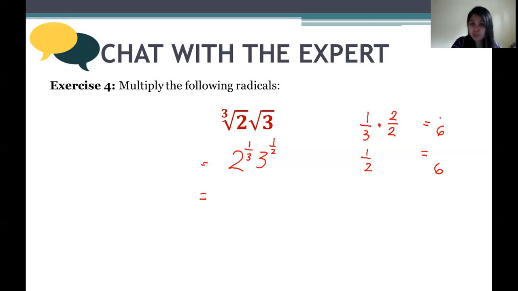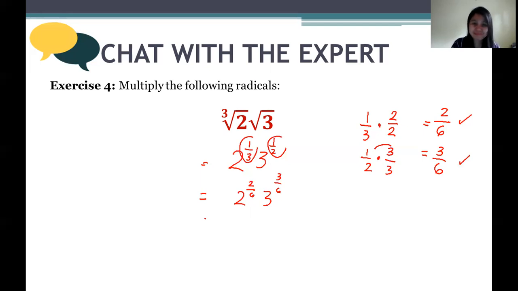We have 1 times 2 is 2, 3 times 2 is 6. How about for 1/2? What should be multiplied so the denominator will become 6? We multiply it by 3. So 3/3. 1 times 3 is 3. 2 times 3 is 6. So let's rewrite now our exponents. It becomes 2 to the 2/6 power and 3 to the 3/6 power.